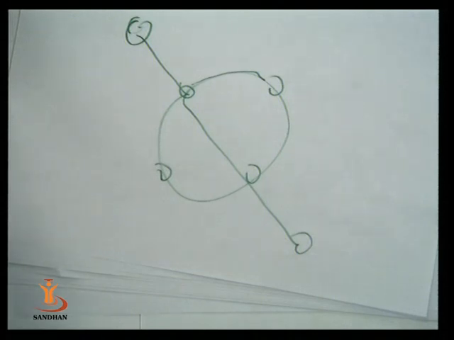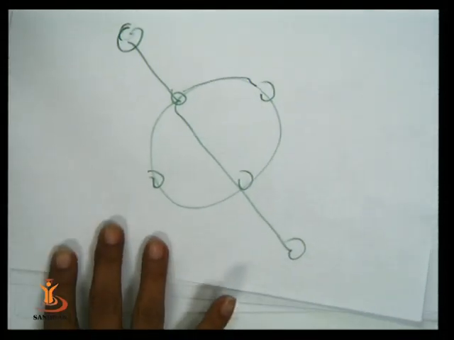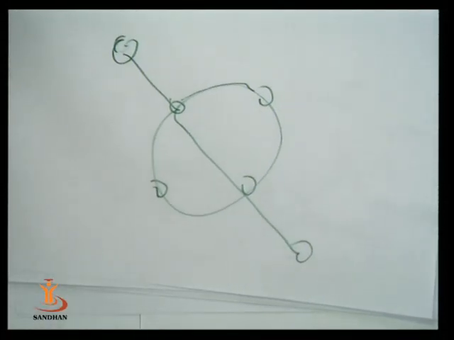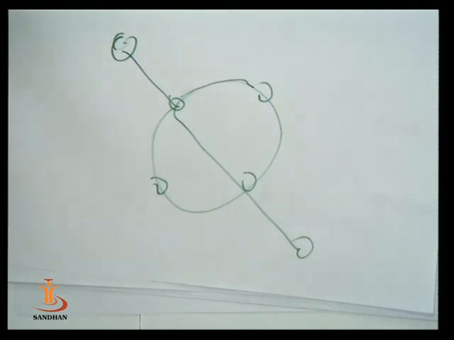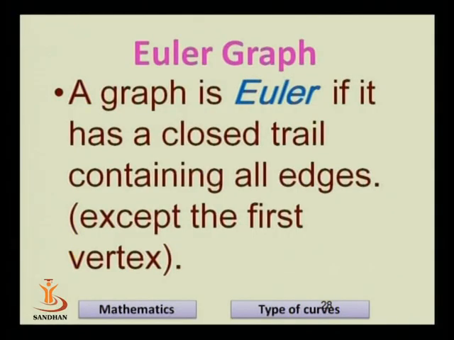We start from some special vertex, then it is traversable, otherwise not. Try this graph: it is sometimes traversable. We start from a particular vertex, then it is traversable, otherwise not traversable.